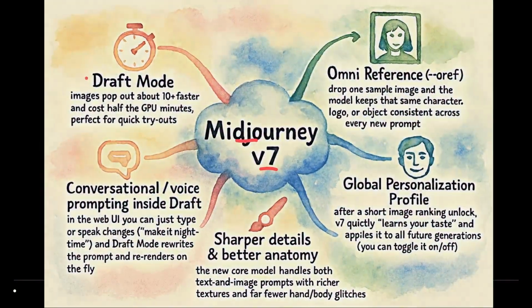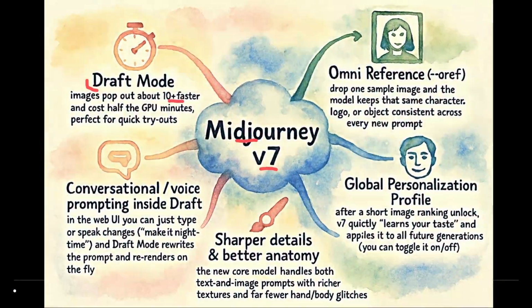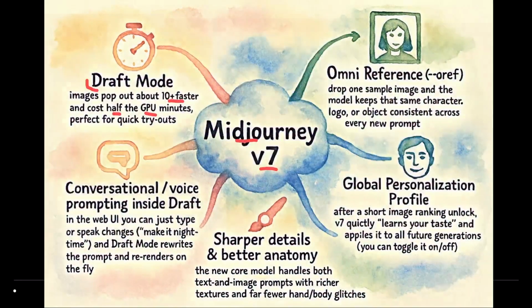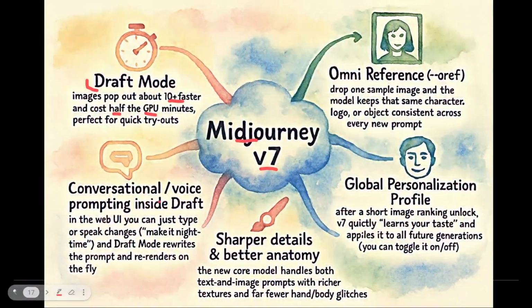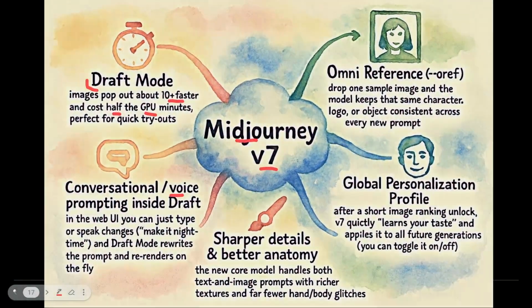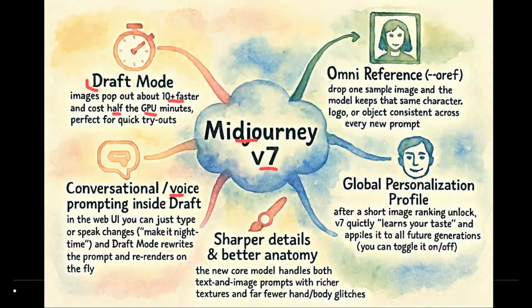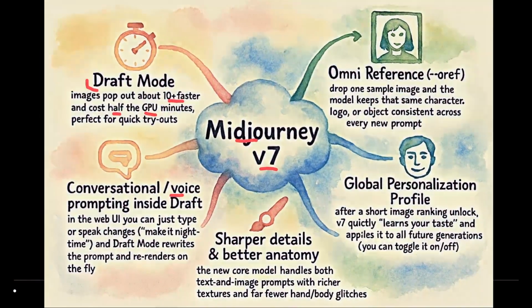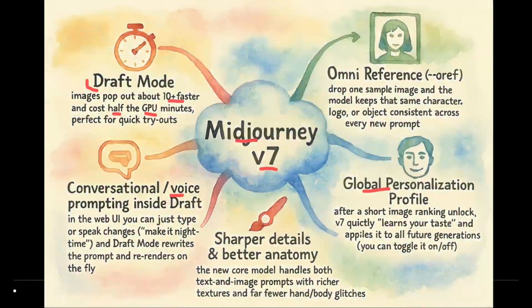First, they introduce draft mode. That is 10 times faster, so you can fast prototype and cost only half of the GPU and can create beautiful images. Another new feature is the conversational voice that you can prompt inside draft, so you can use your voice to generate a prompt, and the prompt will fine-tune using natural language processing and will give you the best prompt possible using your global personalization profile that now is required.